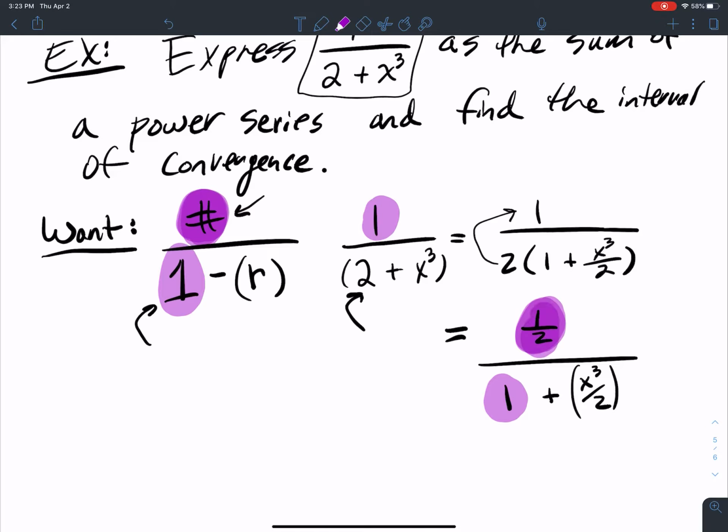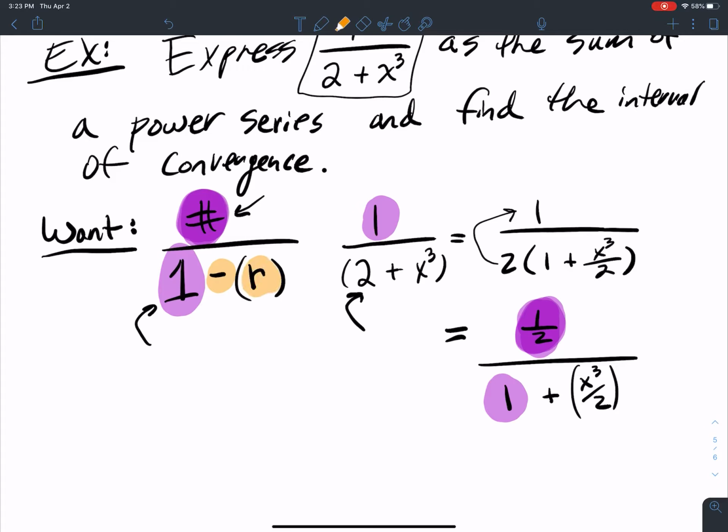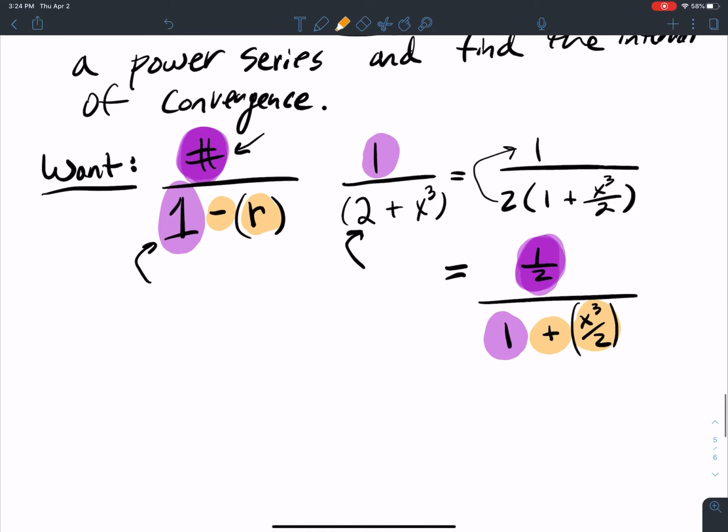What do we need to do at this point? Well, I want to have minus something, but right now I have plus something. How do I turn addition into subtraction? I can add through subtraction by subtracting a negative. So what do I mean by this?